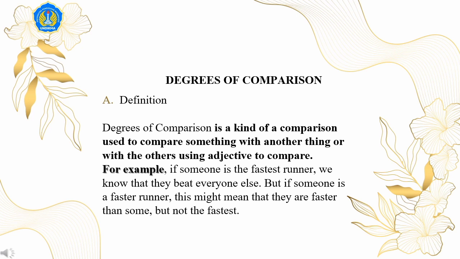Degrees of comparison allow us to make sense of the order of things according to what adverb or adjective is used. For example, if someone is the fastest runner, we know that they are faster than everyone else. But if someone is the faster runner, this may mean that they are faster than some, but not the fastest.